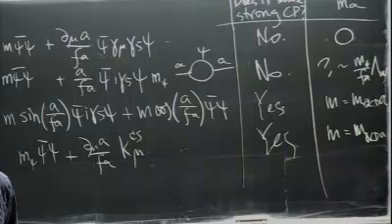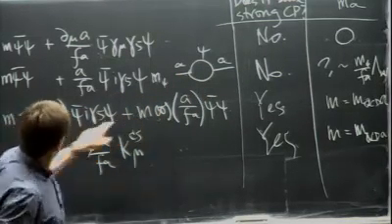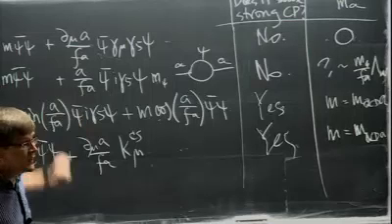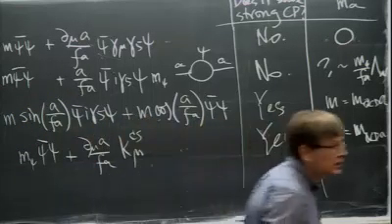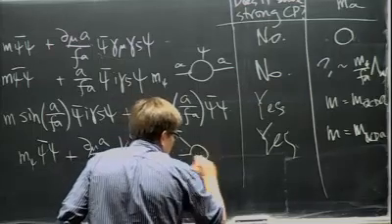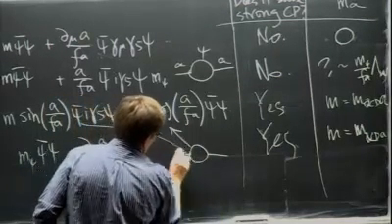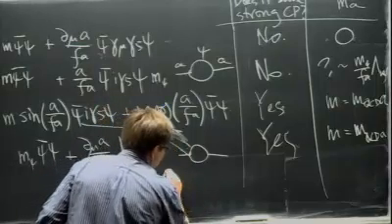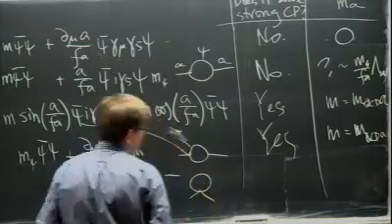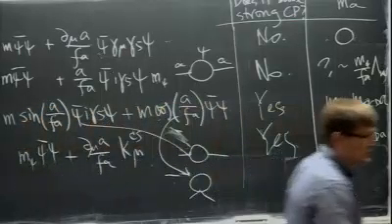Now you can ask the question, what about here? I also have the same vertex here. Does the mass get generated? Well, over here, this diagram that comes from that term gets exactly cancelled by this type of diagram that comes from this term. That's how it works.